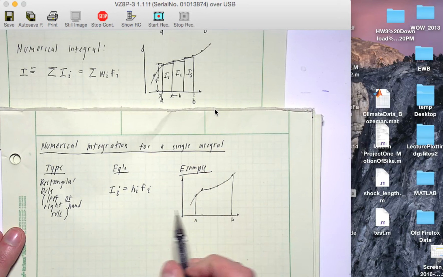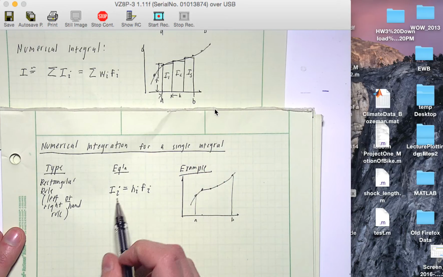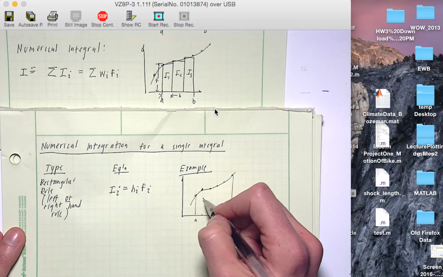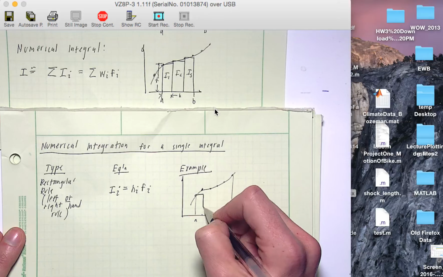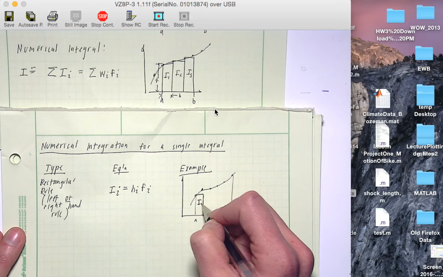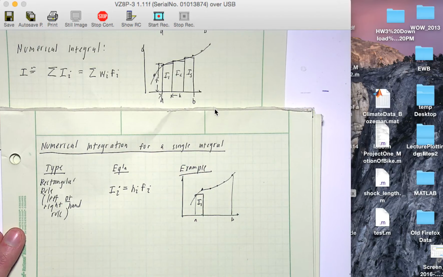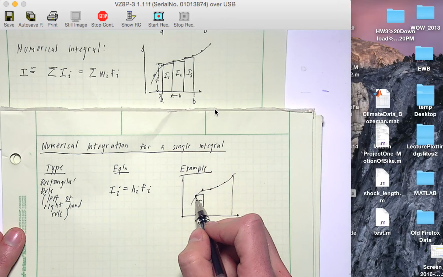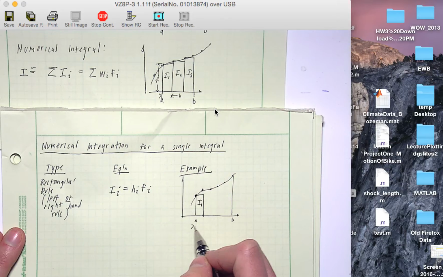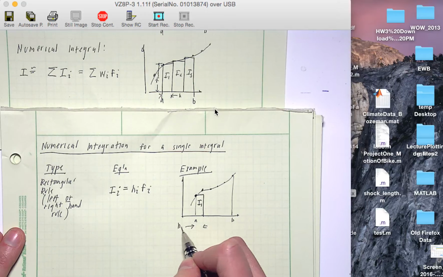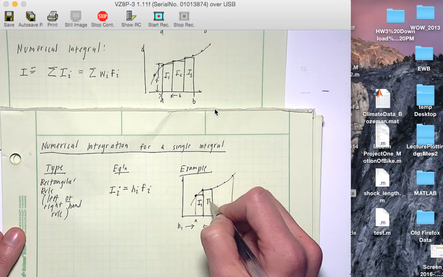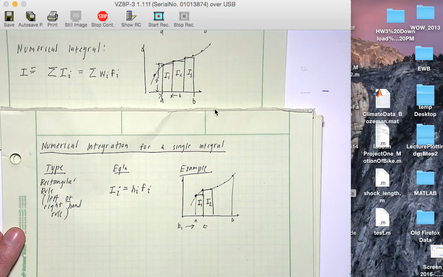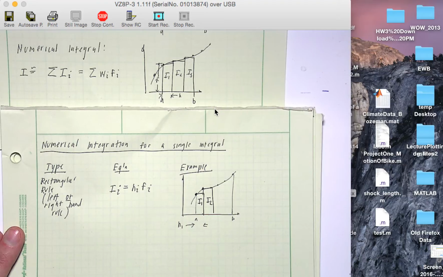The first integral, which would be this rectangle here, is going to be based off of the first function value. So this would be I of 1 because it's using f of 1, and then we would call this h of 1. Then the next time it's going to use the second point as its function value to approximate the rectangle. And you would just keep going through and doing each one.